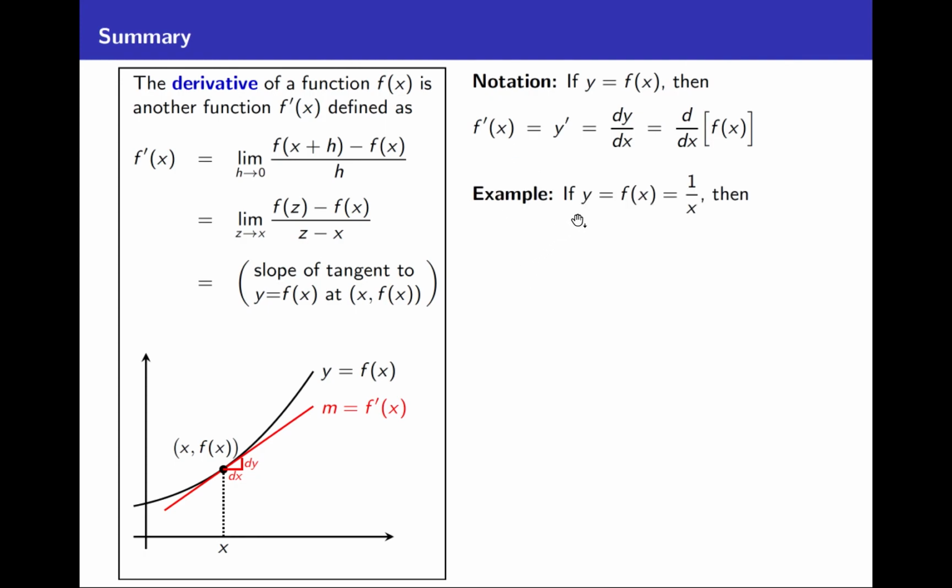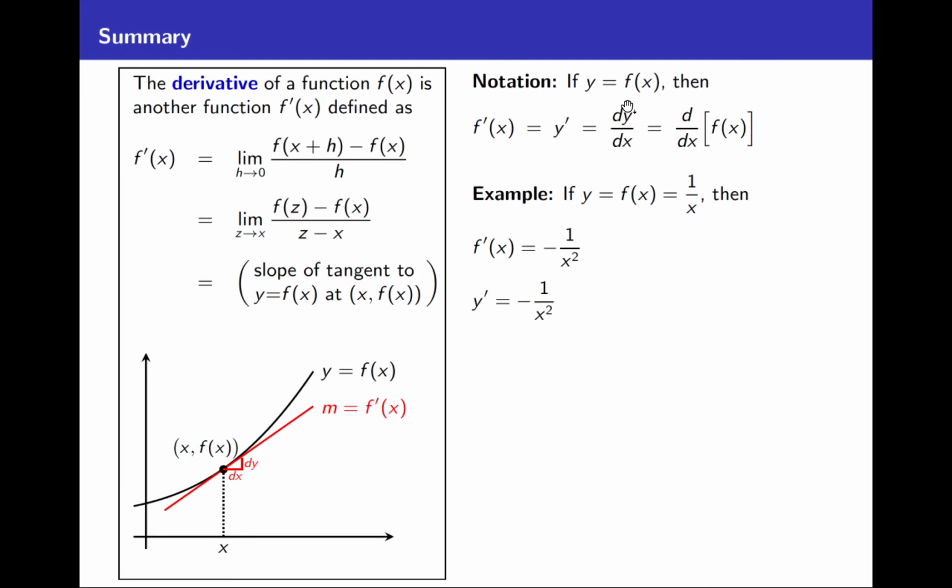So for example, if y equals f of x is the function 1 over x, then as we saw on the previous slide, its derivative f prime of x is negative 1 over x squared. But we're saying another symbol for that derivative is y prime. So y prime is negative 1 over x squared.